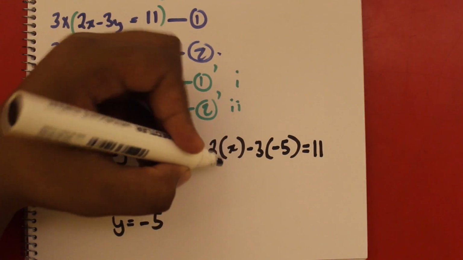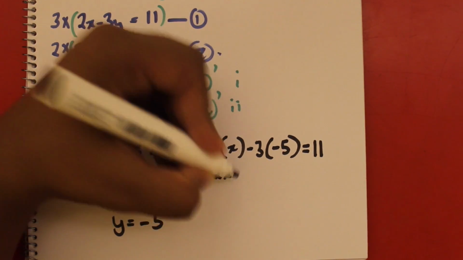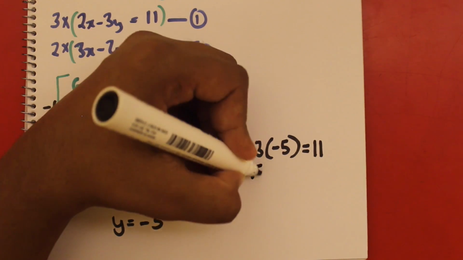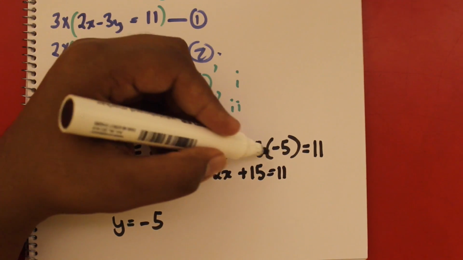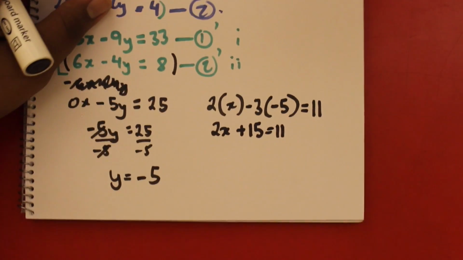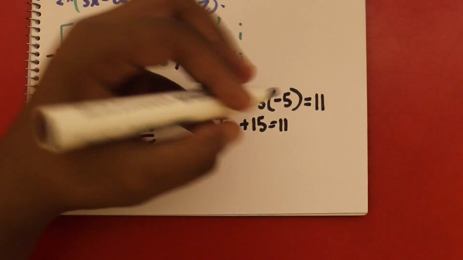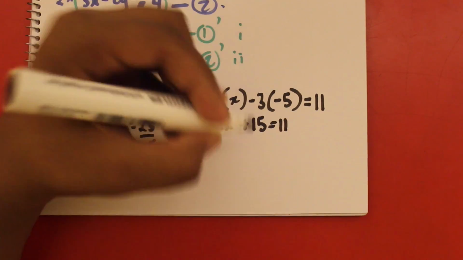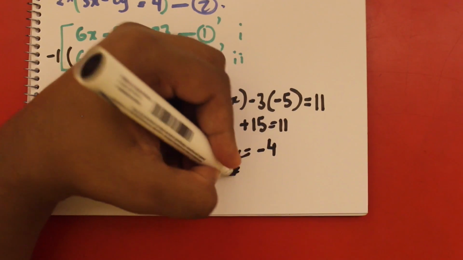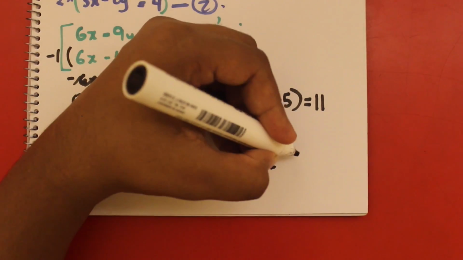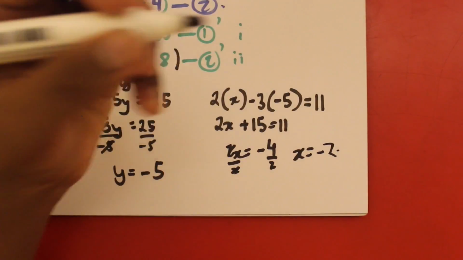And now I'm able to show that 2x plus 15 is equal to 11, because minus 5 times minus 3 is equal to plus 15, and it's going to be a positive number. So if I move the 15 to the other side, I will get 2x is equal to minus 4, and if I divide both sides by 2, I get my x as minus 2.